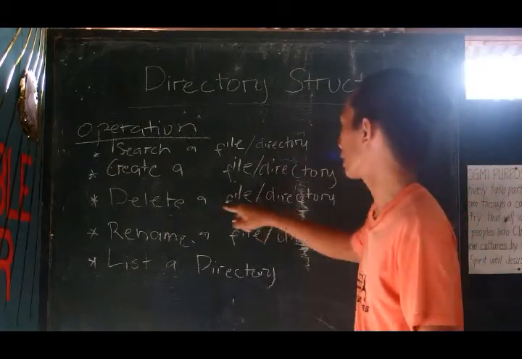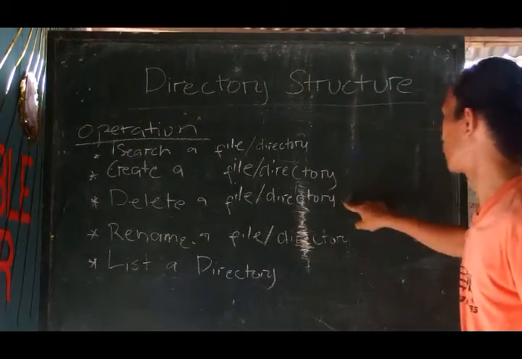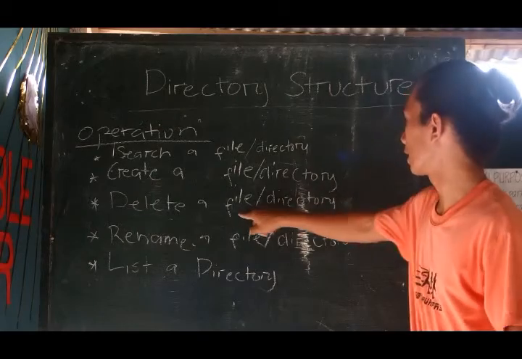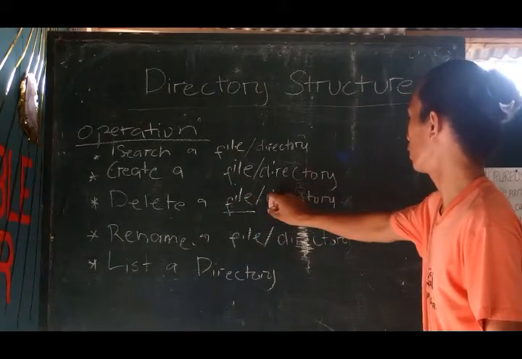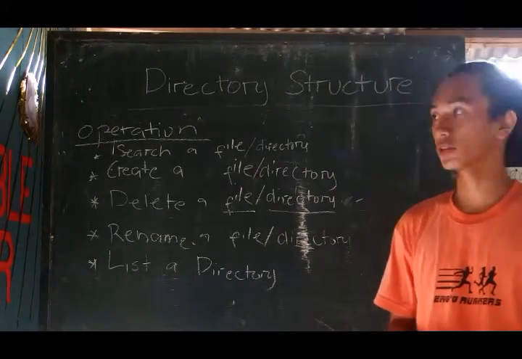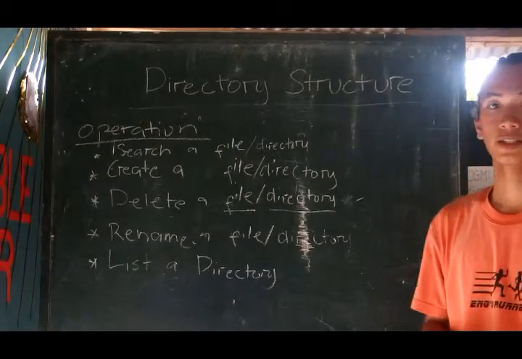Next is delete a file or a directory. Deleting a directory will also delete all files and all subdirectories in that particular directory or folder. Next, rename a file or a directory.